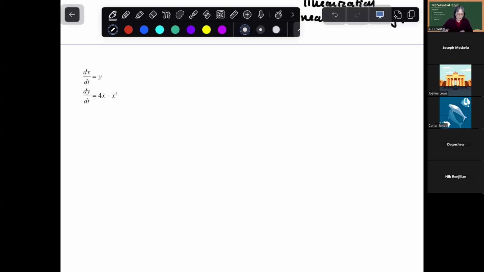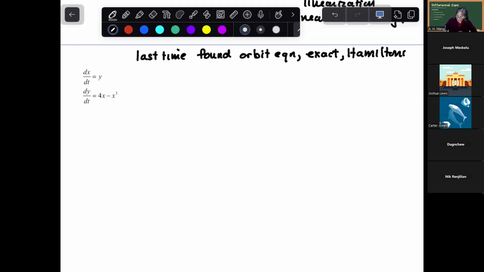Last time, we did the Hessian, found H, did an orbit equation, showed it was exact, and then Hamiltonian. We found H and then found the Hessian.